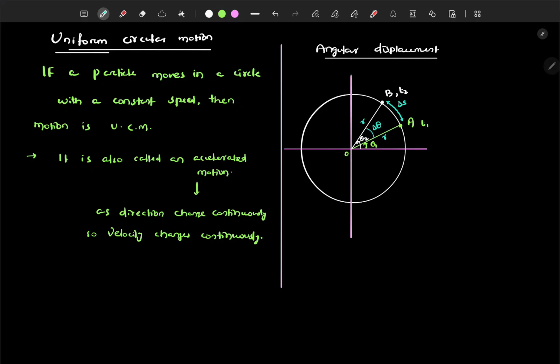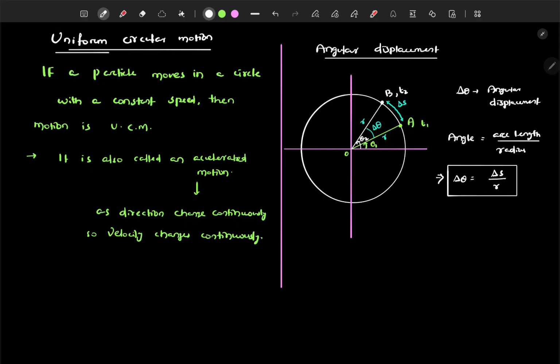When A is very close to B, it seems to be a very small straight path, let it be delta S. Remember, delta theta is the angular displacement. Angular displacement is nothing but an angle. We know the angle formula: angle is equal to arc length by radius. As per this concept, delta theta is equal to delta S by R.